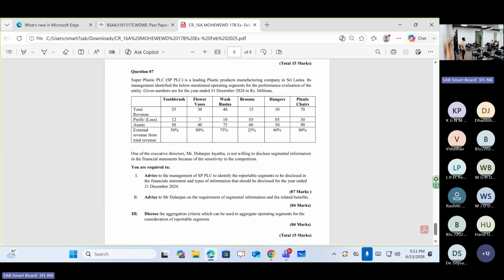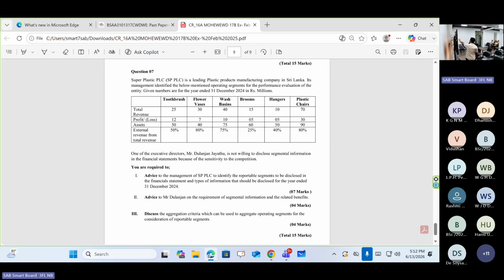This is the segmental information question. I think you are okay with this. Right? Segmental information question in the exam. What we discuss here will be tested in the exam. That's why I told you. Super Plastic PLC is a leading plastic manufacturing company in Sri Lanka.